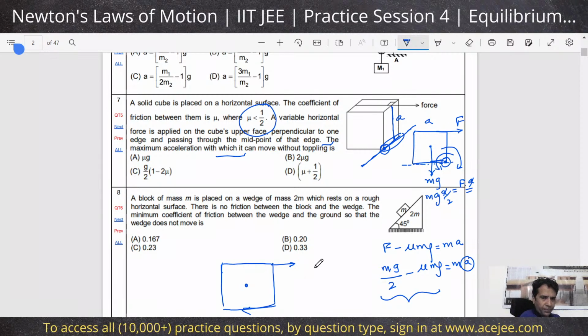This is force F and this is your frictional force. Then you have your normal force in this direction like this. Correct? Yes, sir. Okay.